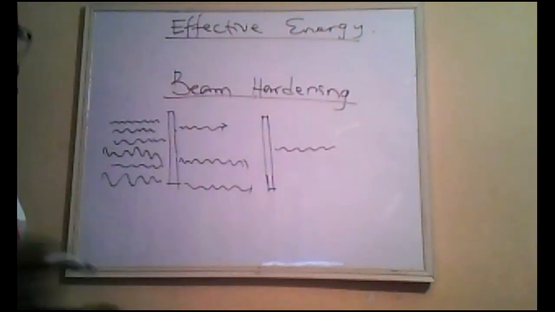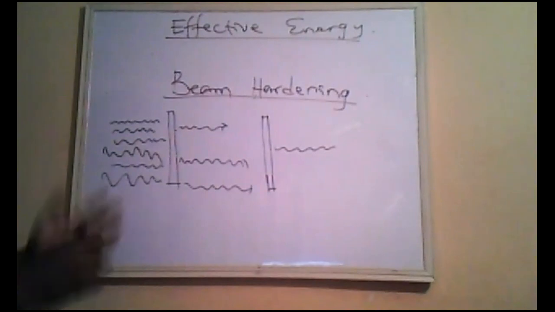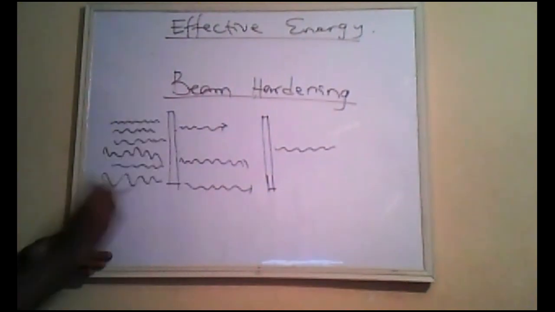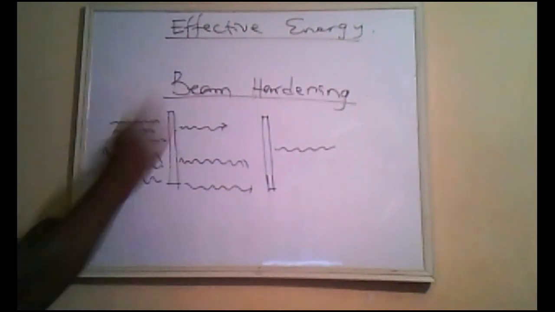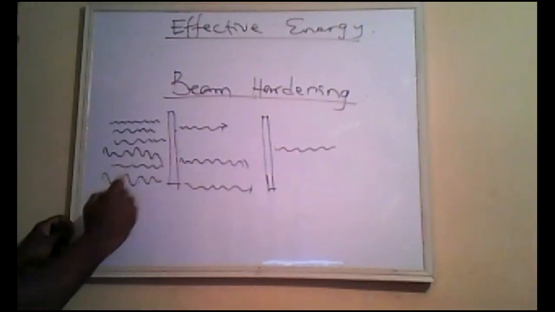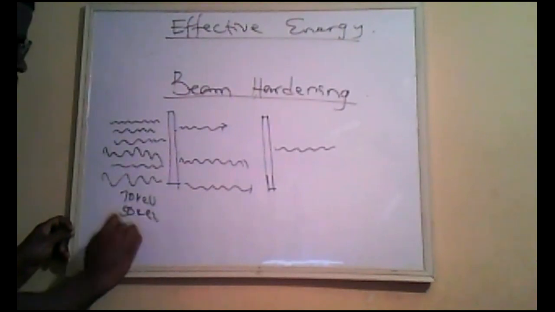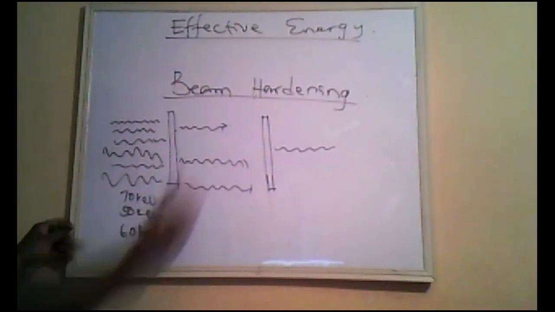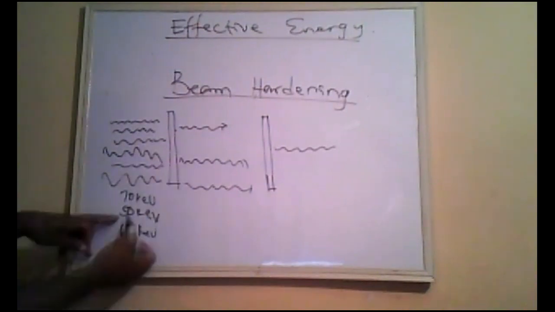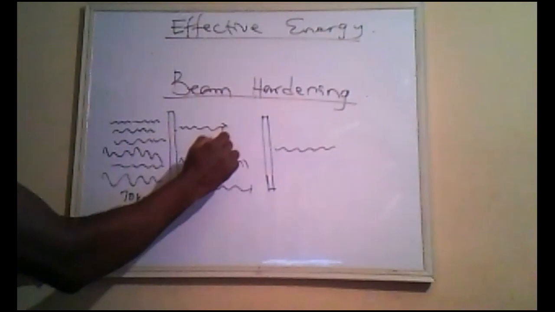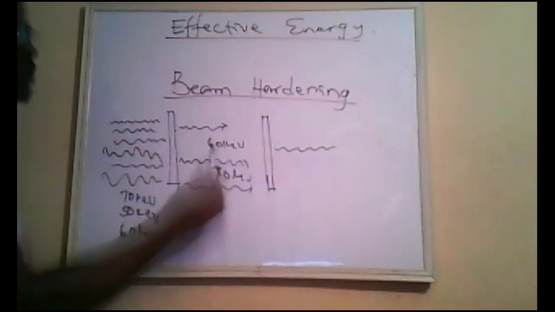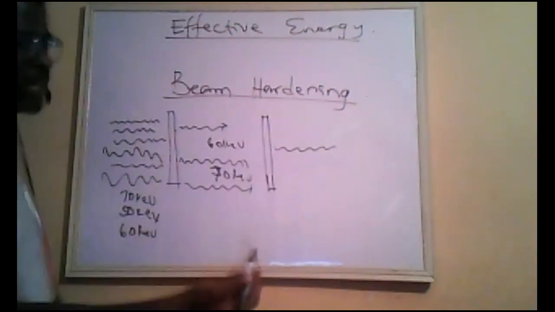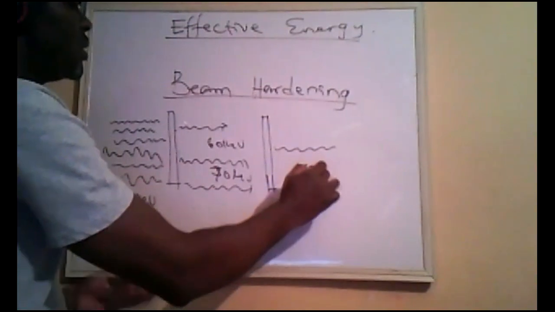For explanation's sake, let's say we have three types of energy here. The polyenergetic X-ray beam has three types of energy: 50 keV, 60 keV, and 70 keV. Introduce this one and it can just absorb the 50 keV, the lowest energy, and then the 60 keV, and allow 70 keV to go.